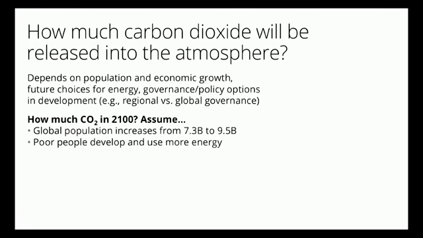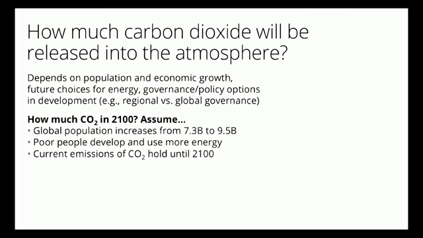Let's say all those people develop, including the new people we added to the planet, which are almost all going to be added in developing countries, and they develop and they use more energy, so they have better lifestyles. And let's assume that they do that, and the total emissions per year of carbon dioxide in the atmosphere does not change. What do you think the odds are? 0, right? That's a pretty conservative estimate of how much CO2 in the atmosphere.